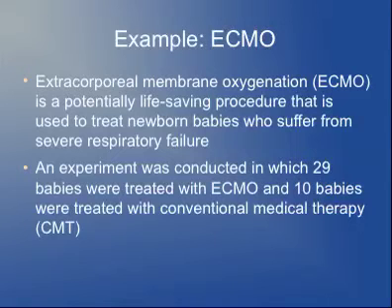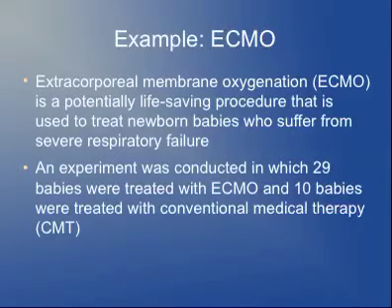Here's an example of where you could potentially get into trouble with chi-square tests. This is another example that I found in a book somewhere. If you have a newborn baby that has a severe respiratory problem, you can use something called extracorporeal membrane oxygenation, a procedure that was believed could help babies survive when this happened more so than conventional medical therapy.